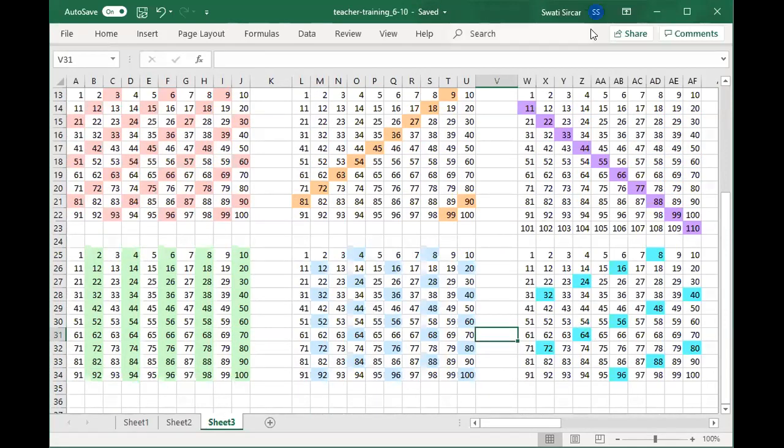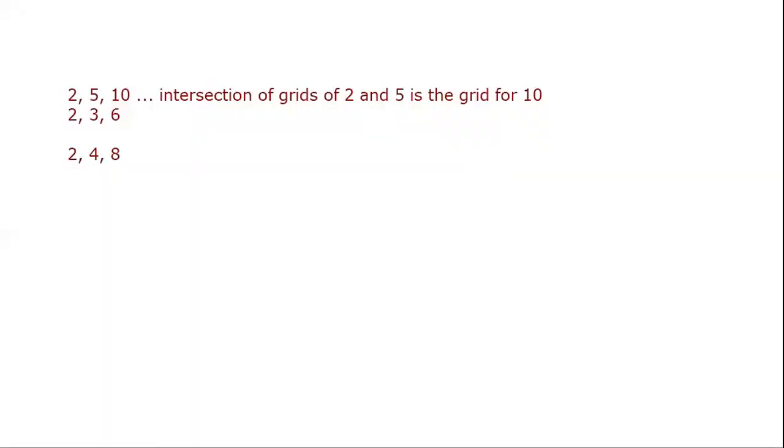When two numbers are co-prime, these two grids do not overlap exactly. One is not a subset of the other. Same if you have 2 and 4, the grid of 4 is a subset of the grid of 2. So in this case, it's a different situation.